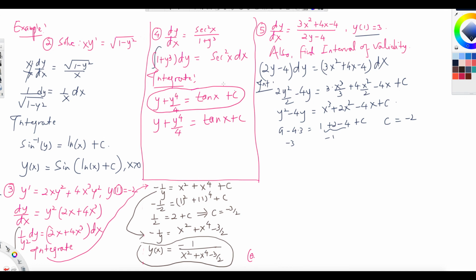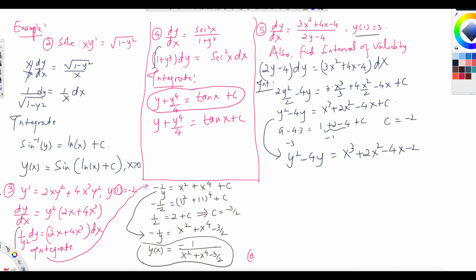Let me plug in here: y squared minus 4y equals x cubed plus 2x squared minus 4x minus 2.